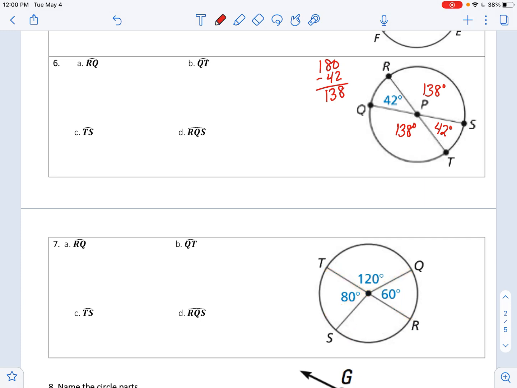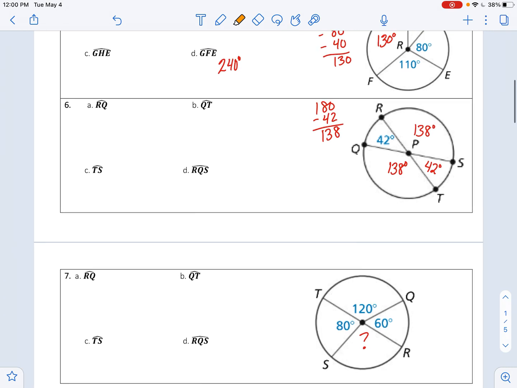So those are not vertical, which means that I have to take my missing piece and I'll look for some diameters. Now, it doesn't look like I have any diameters in here.